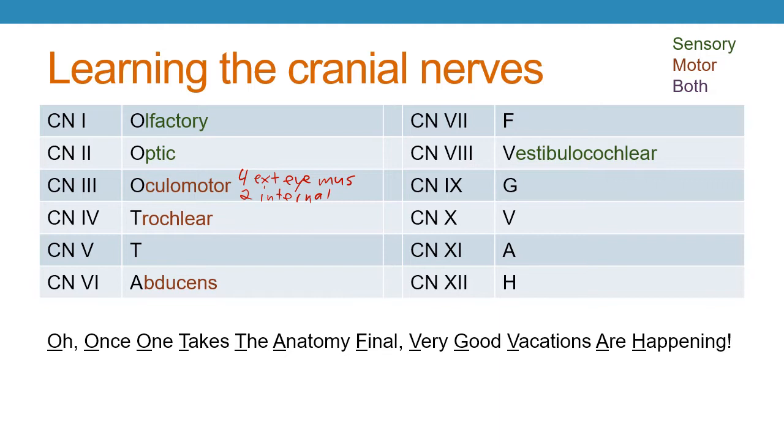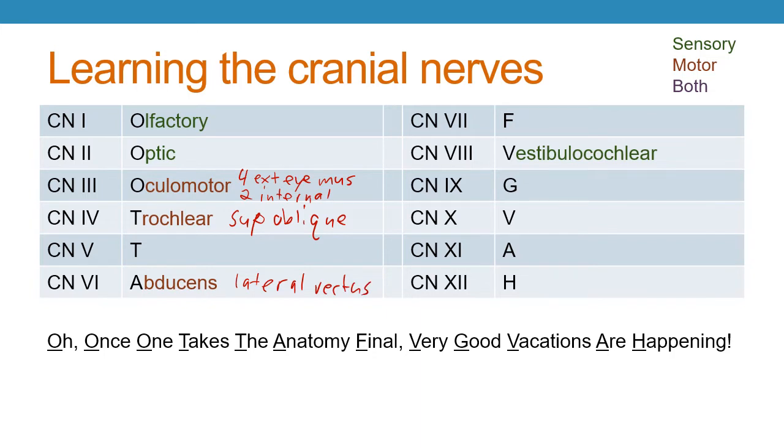The trochlear nerve handles the superior oblique eye muscle, and the abducens nerve handles the lateral rectus eye muscle.